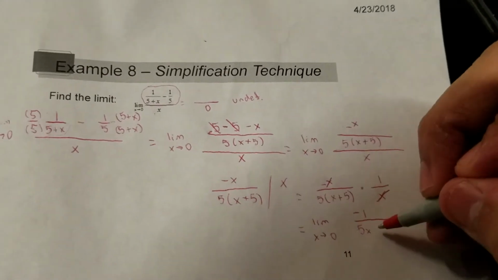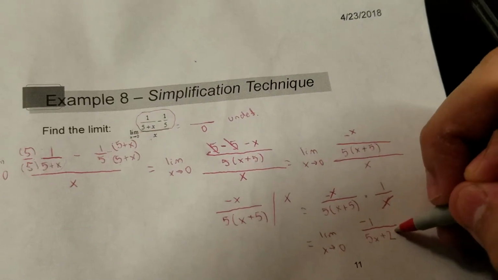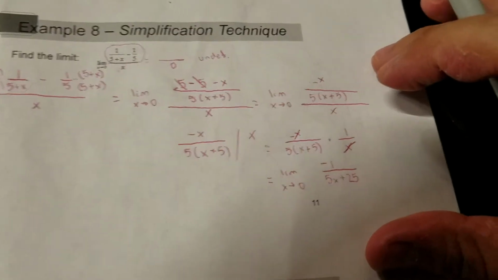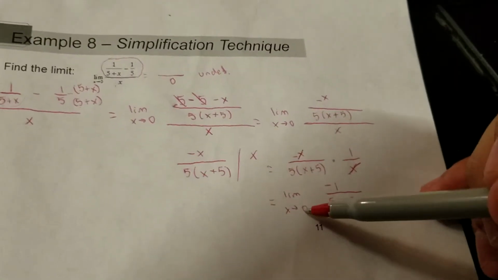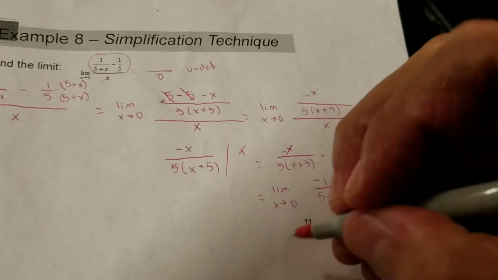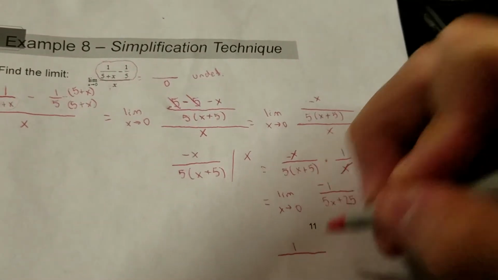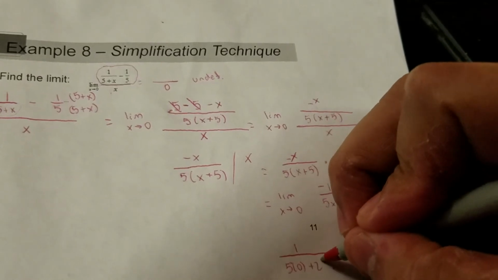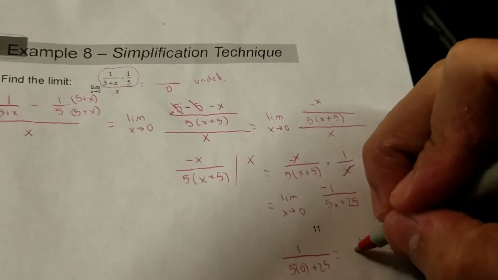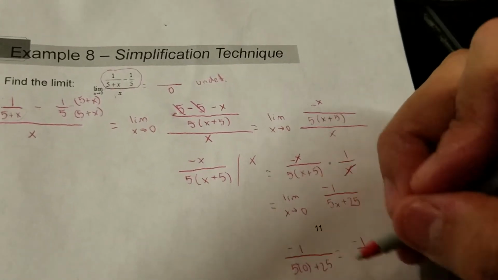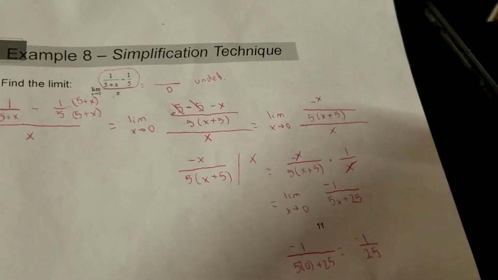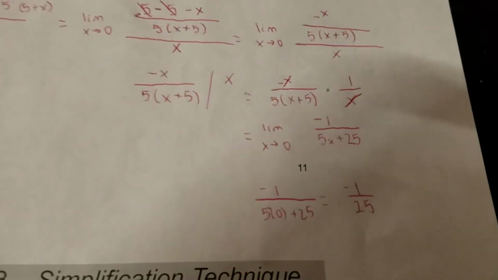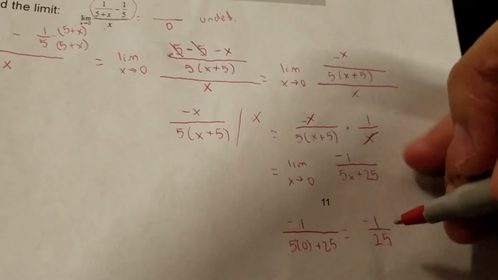And 5 times 5 is 25. So at this point, I'm going to go ahead and plug in the 0. Okay, so 1 over 5 times 0 plus 25, which pretty much, negative 1, which makes this negative 1 over 25, like this. Okay, so this is my final answer.